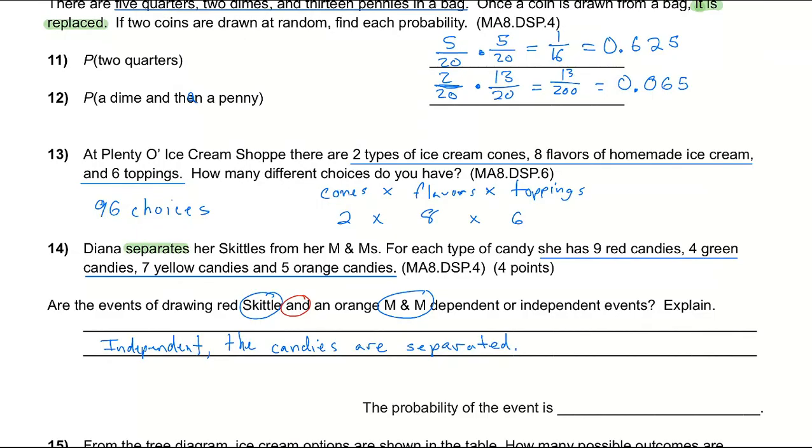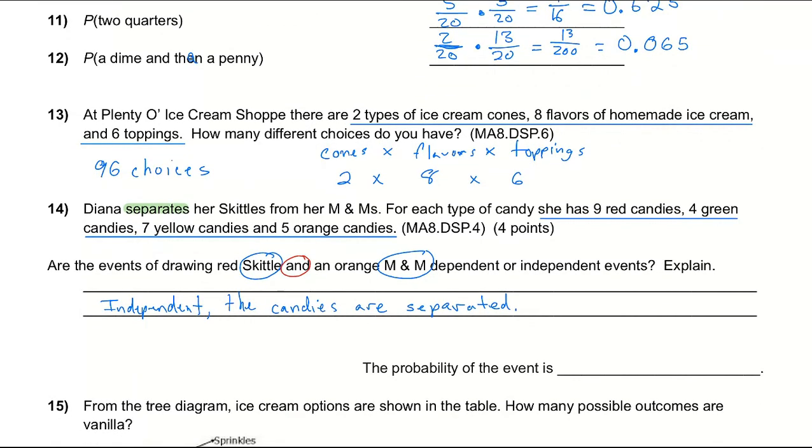So if we need to find the probability, there are, let's see, 9, 13, 25 total candies. A Skittle. So I guess we need to know a red Skittle.